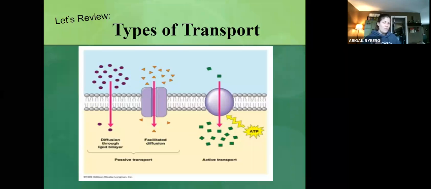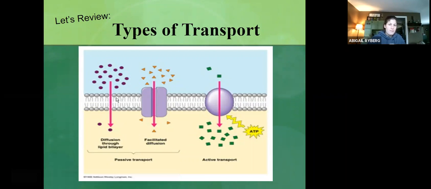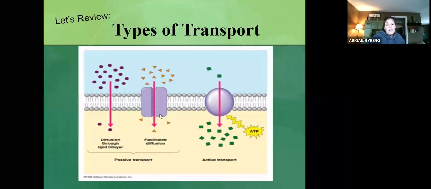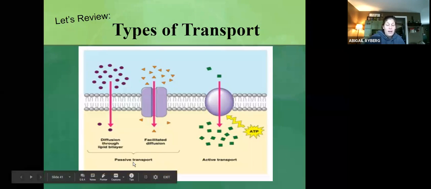So to review, there's three types of transport here. We have diffusion right through the membrane. Facilitated diffusion, which is using a big old protein channel to allow molecules through. Both of these types are passive transport because it's moving.